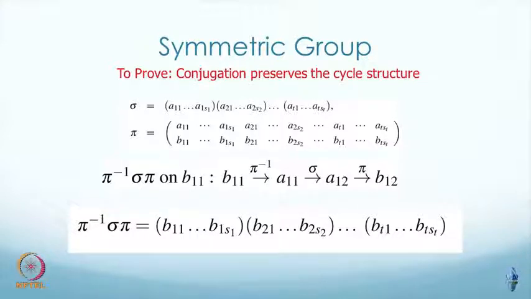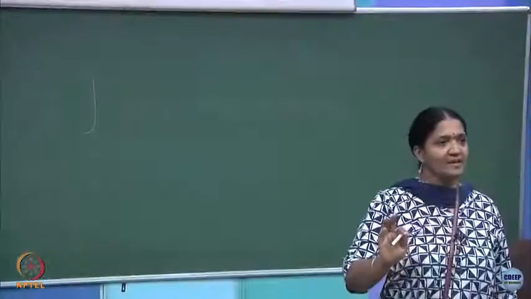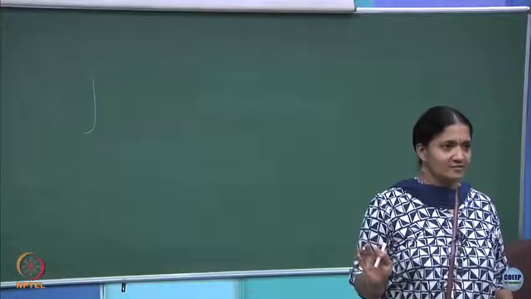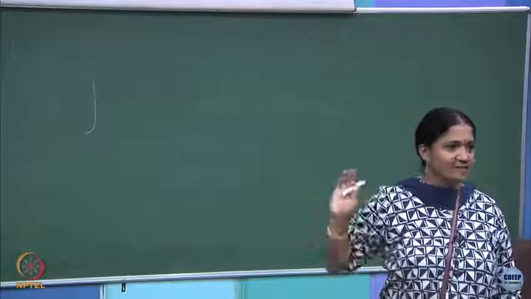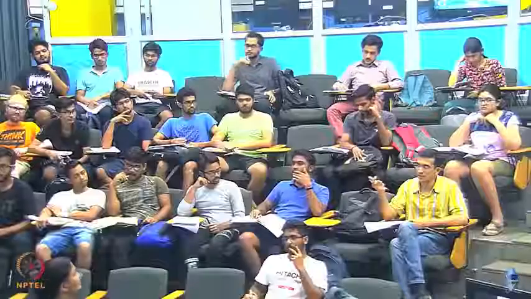It is just a specific example. Any arbitrary permutation element will have some cycle structure. For example, let me take an S1 cycle structure, S2 cycle structure and so on. I am not finished with the whole thing, I am doing it for a particular element.